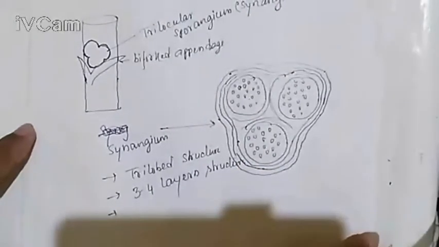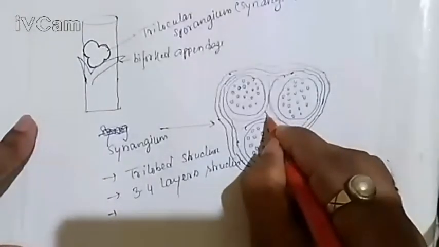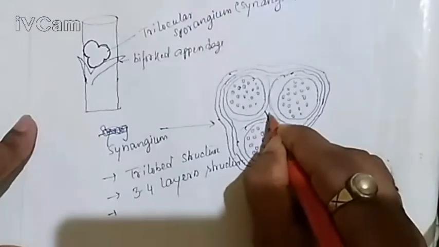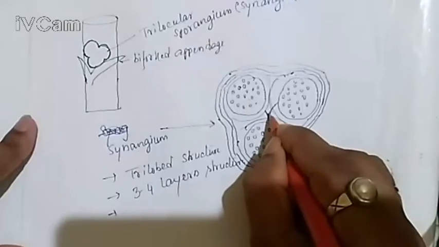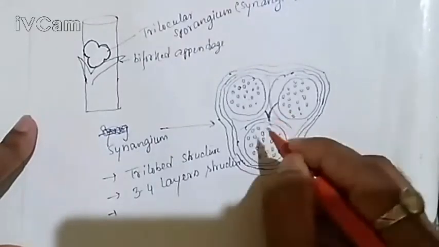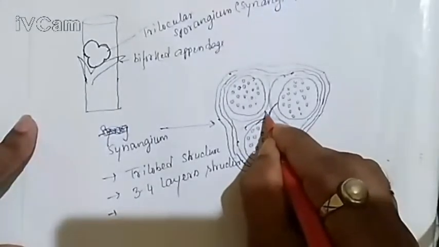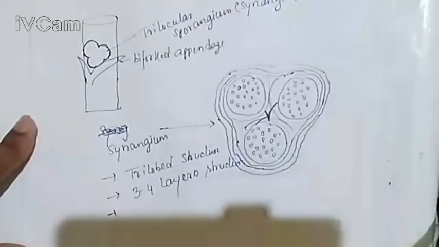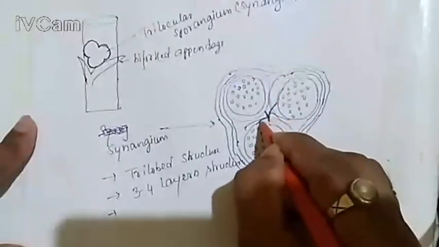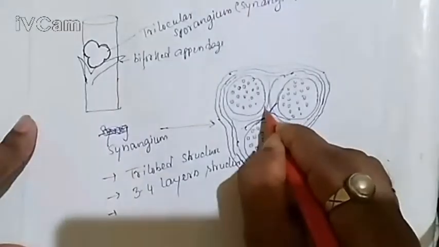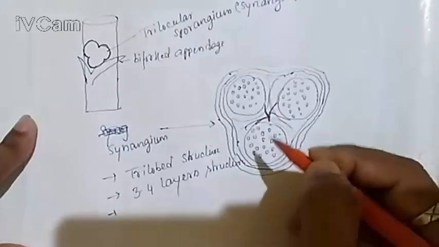And generally, there is a presence of vascular supply in each sporangium. You know this is a vascular land plant, because pteridophyte is the first vascular land plant within the plant kingdom. So vascular supply is present in each sporangium. It supplies nutrition and functions as xylem and phloem.